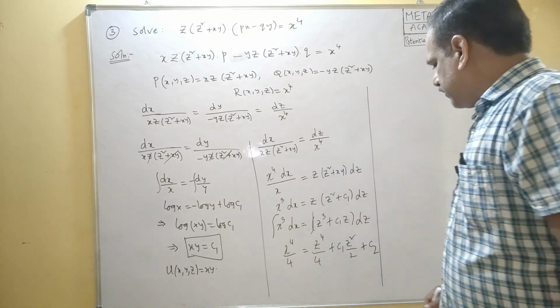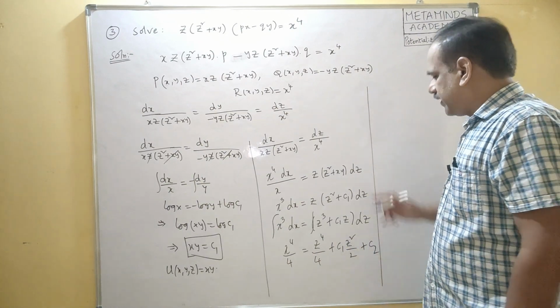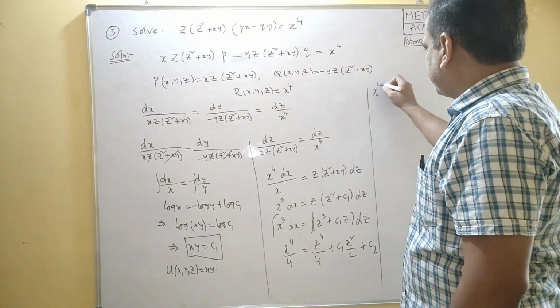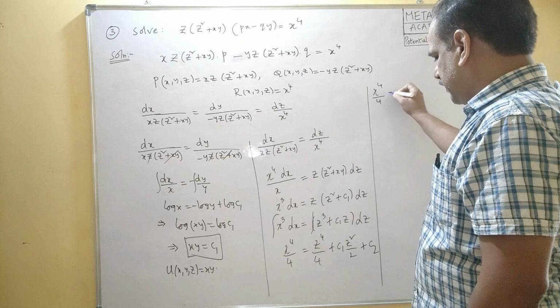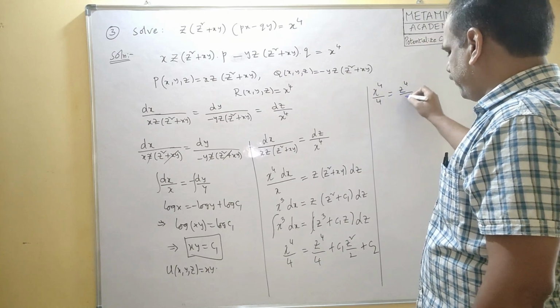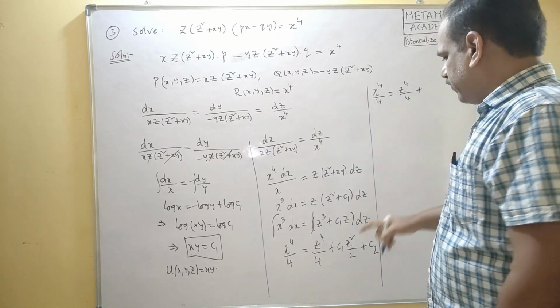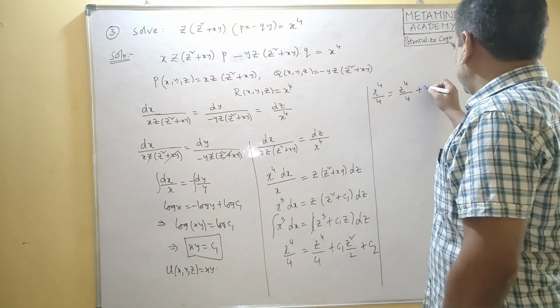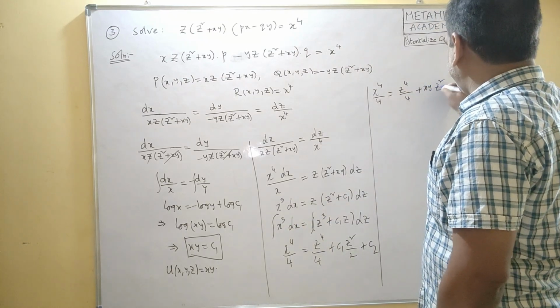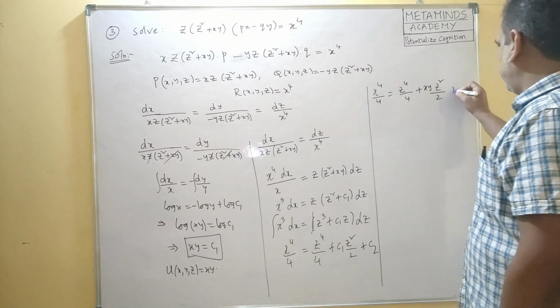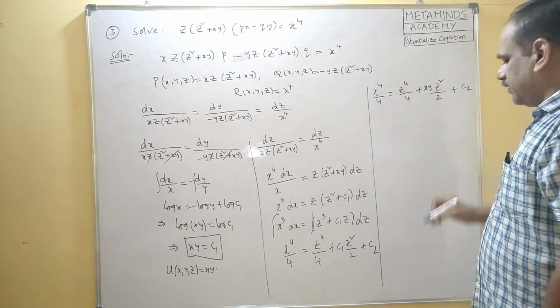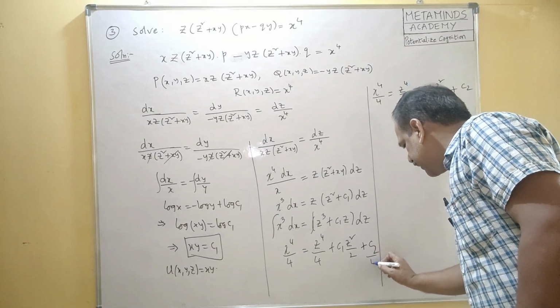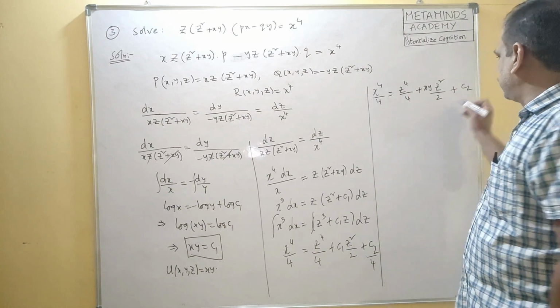But we have to eliminate c1. Finally, it is x power 4 by 4 equal to z power 4 by 4 plus, what is c1? xy. xy z square by 2 plus c2. I write c2 by 4 here for convenience.